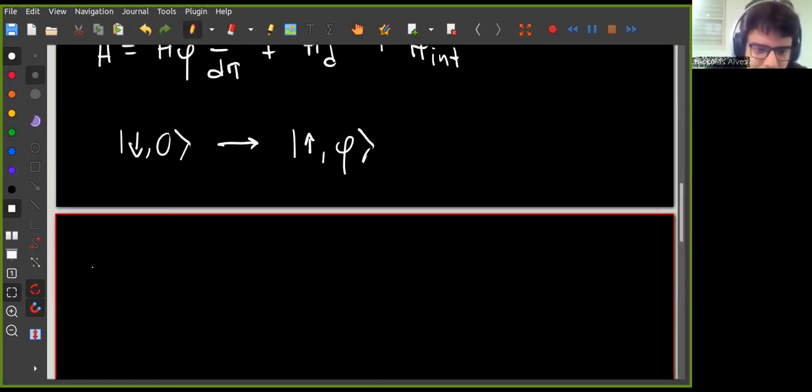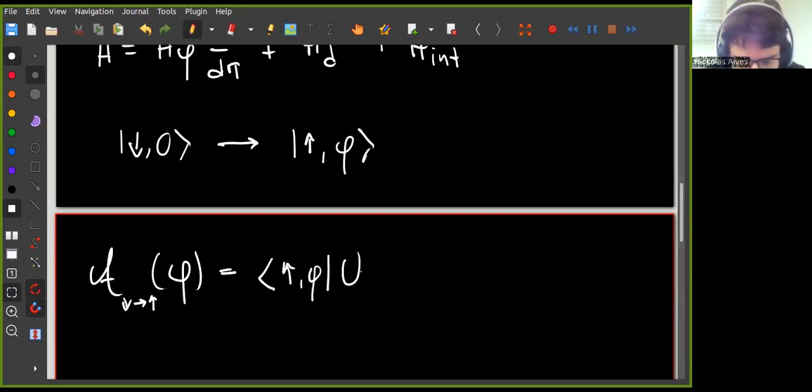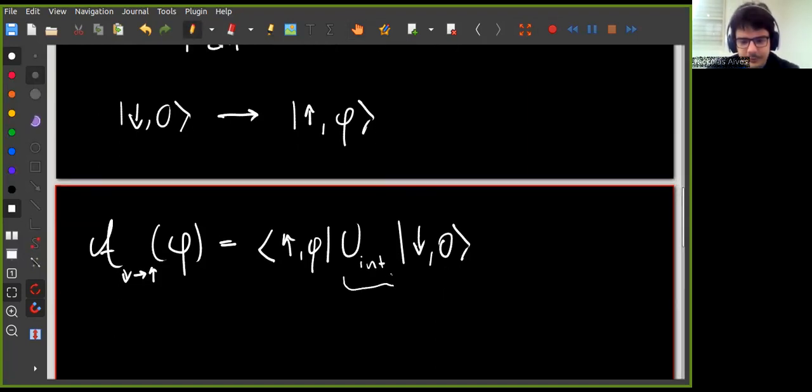Okay, so I want to compute the amplitude, which is lower to upward of phi, given by this, where this is the evolution operator in the interaction picture.